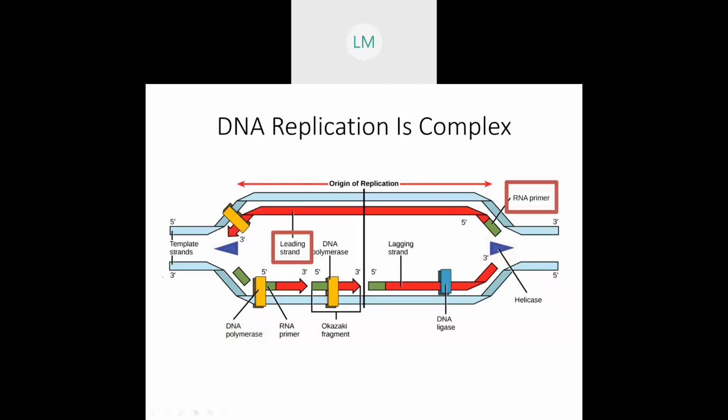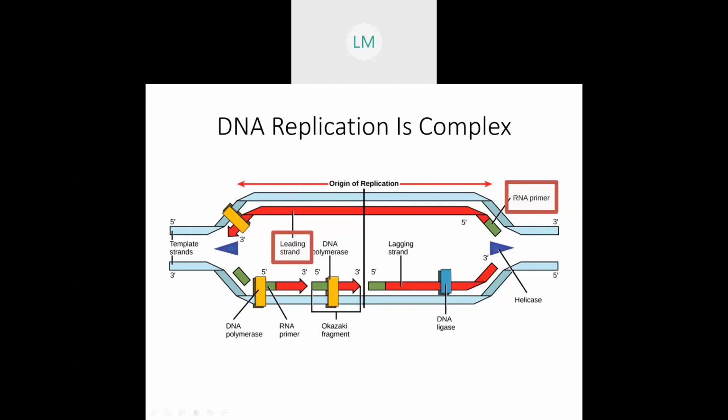So this is the leading strand. So our DNA polymerase is going in the 3' to 5' direction. So you can see this is the 3' end of our DNA. This is the 5' end of our DNA. This strand here is referred to as the leading strand because this is just all one continuous piece of replication here.